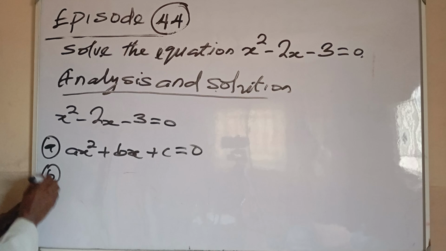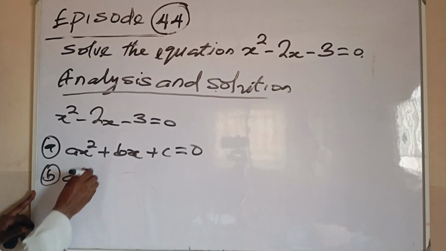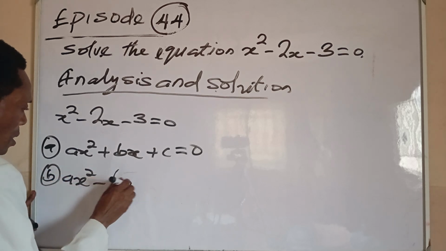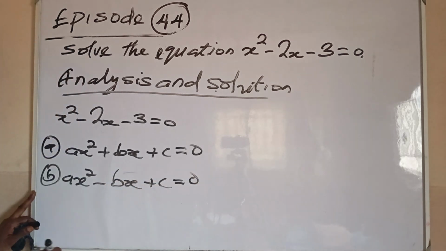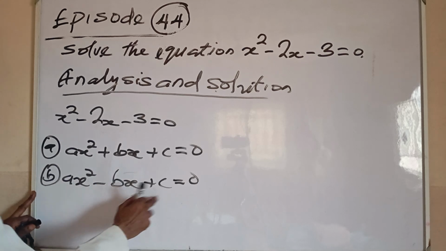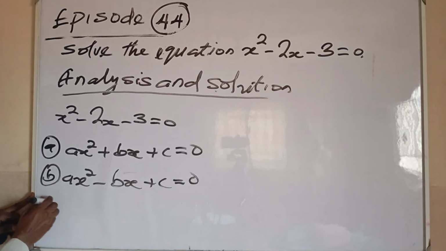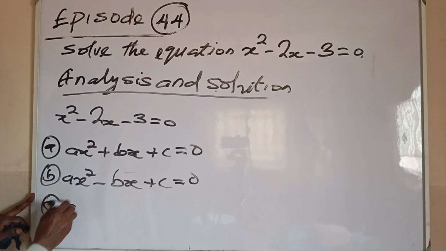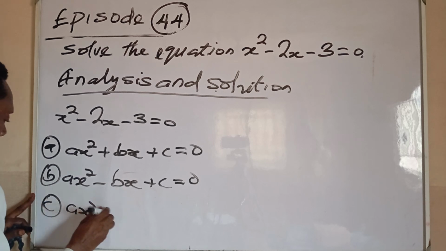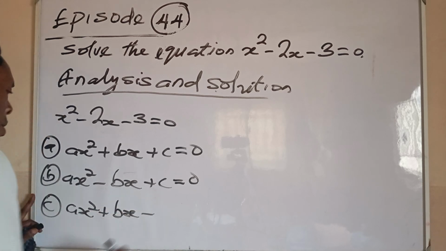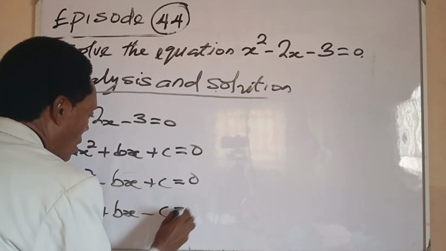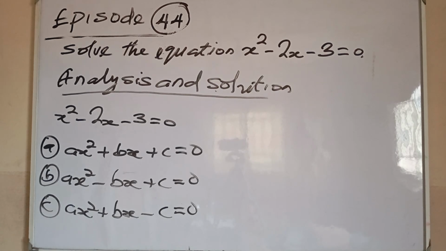B: as squared minus bs plus c equals 0. C: as squared plus bs minus c equals 0. Then the fourth one.